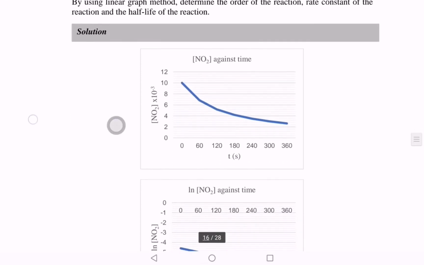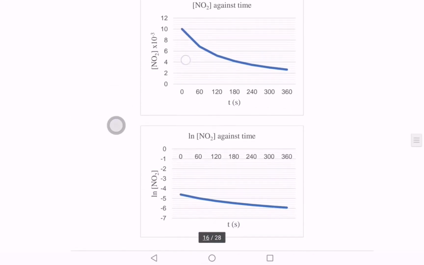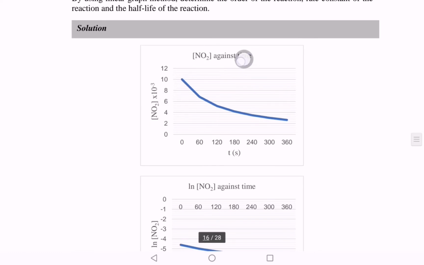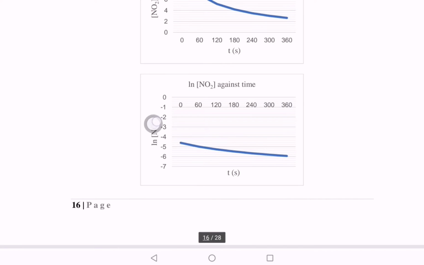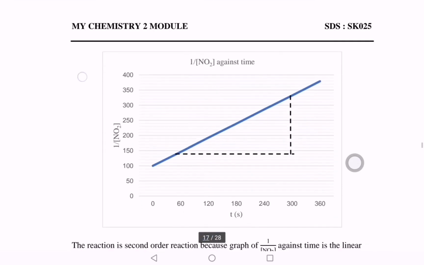So ni jawapan dia. If you plot A versus time, so you will get a curved line. If you plot ln A versus time, you will also get a curved line. But if you plot 1 over A versus time, you will get a straight line graph.